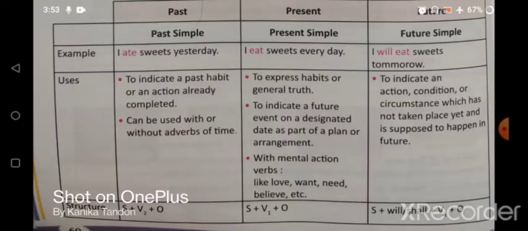Like shall is always used with I. Alright, so if you are writing any sentence in future tense, you use shall with I. Alright, but here they have used will, which is also correct. Will is used for he and she and plural subjects. So here they are using I will eat sweets tomorrow. It indicates that there is an action that will take place tomorrow but is not sure. Since we are not sure about the future, we are not sure about this thing also to happen.